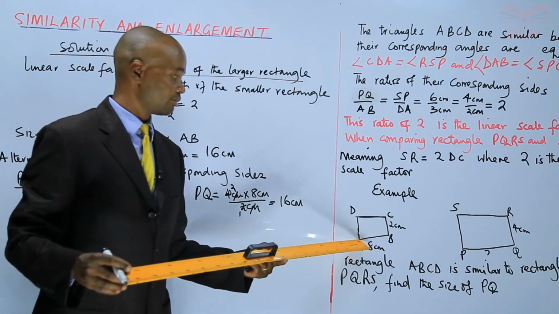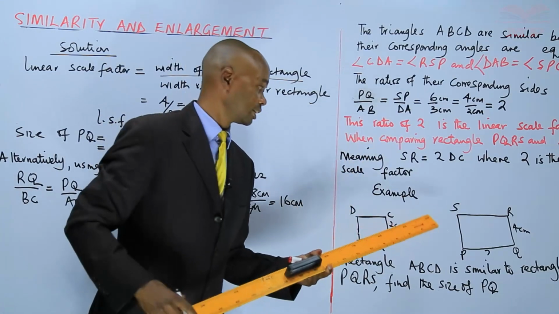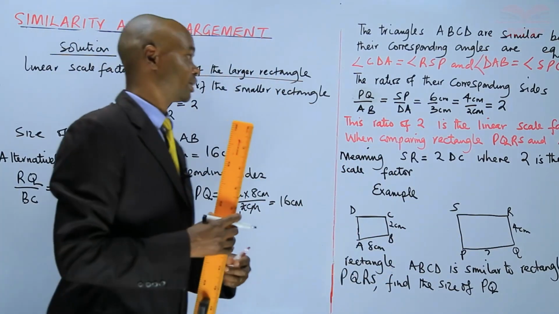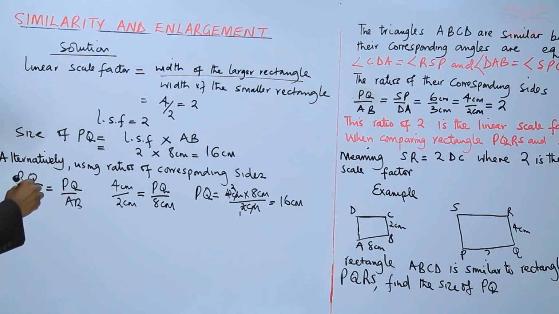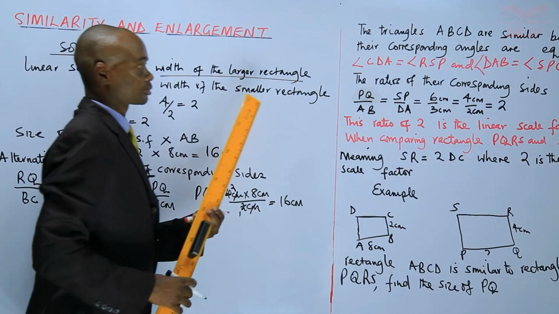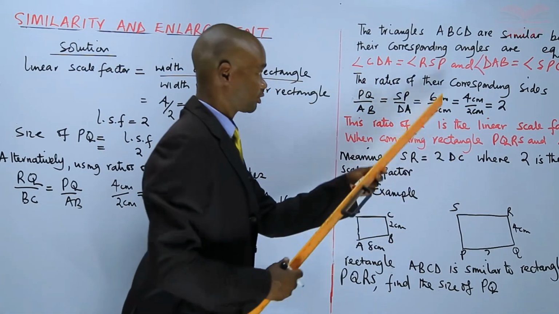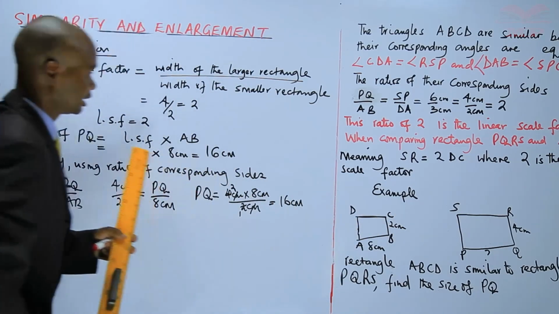You have to multiply by a certain constant number, which we call the linear scale factor, to get the corresponding length of the bigger rectangle. The corresponding angles should be equal in such similar shapes.